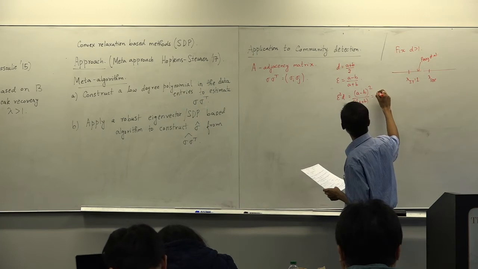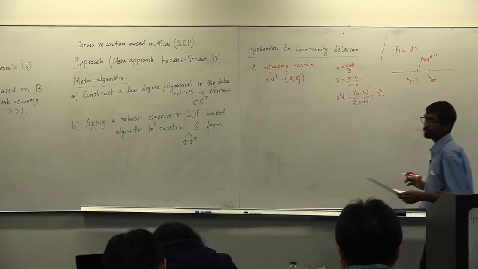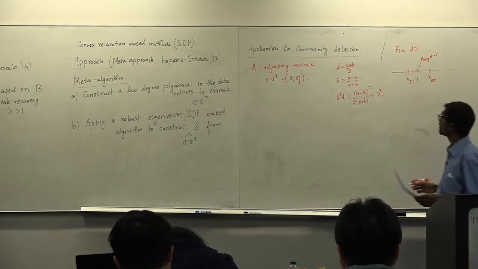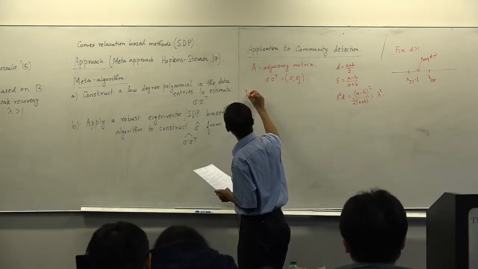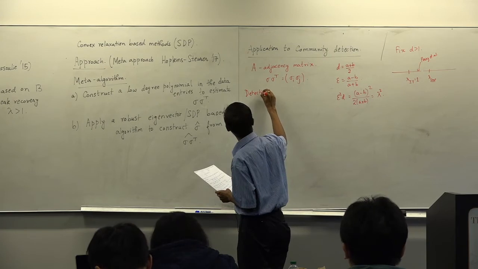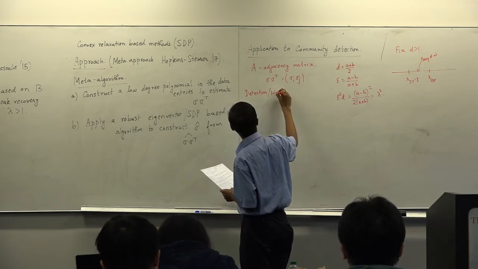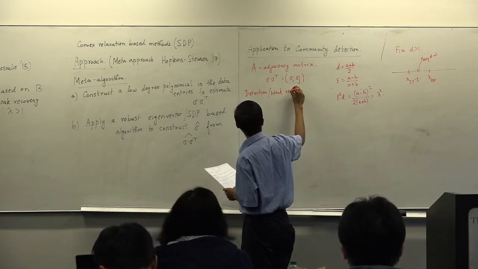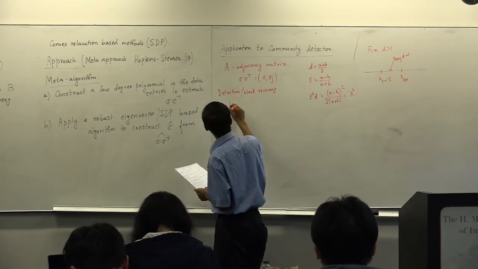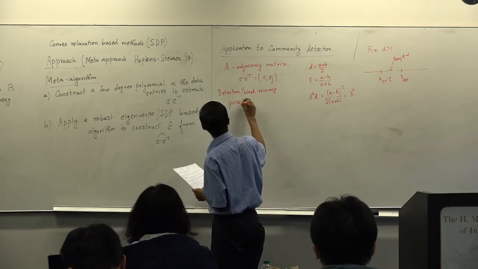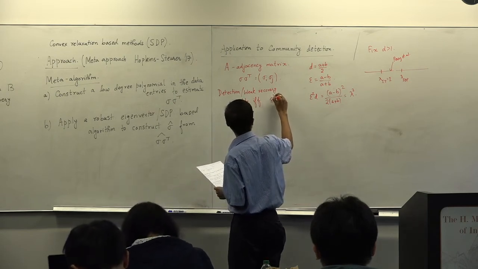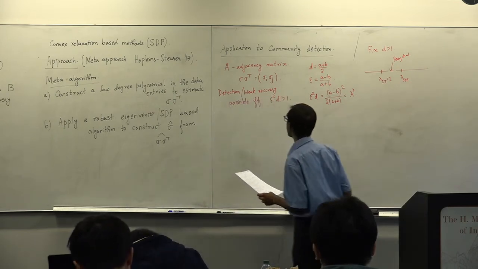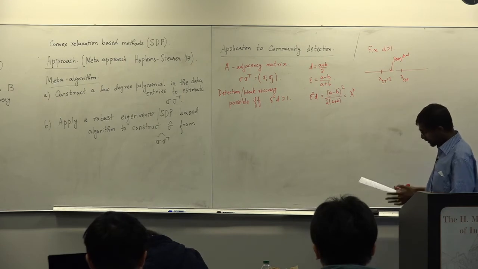So it's related to our parameter lambda that we've been using so far. So just to say that in this parameterization, detection and weak recovery are possible if and only if epsilon squared D is bigger than 1.